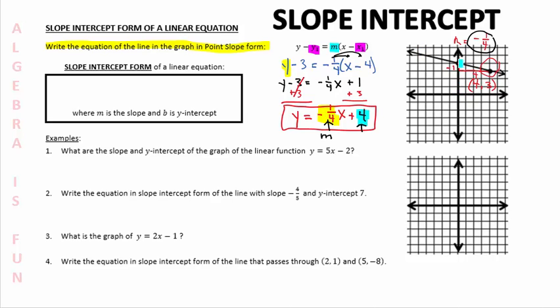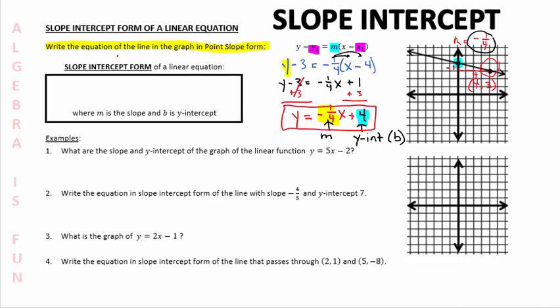It crossed at that point, (0, 4). We call that number, because it is where my line crosses the y-axis, our y-intercept, or we use the letter b. When it's in y equals form, we call that slope-intercept form.